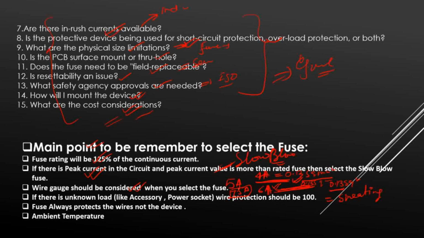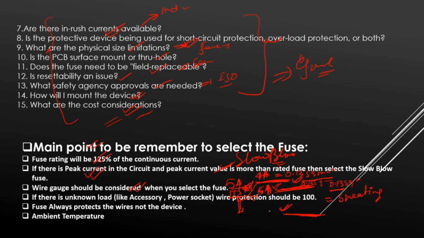It doesn't matter that you have used 7.5, because your current is 6 ampere, which is lesser than the 7.5 ampere fuse rating, and it will pass through your wire and start heating it. Your fuse will not blow, but your wire will be damaged. You got my point, what I'm trying to say here?